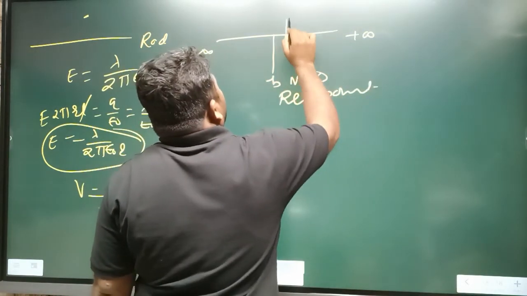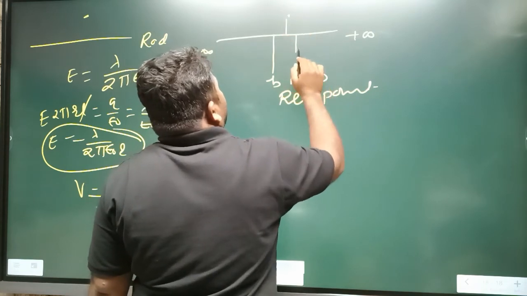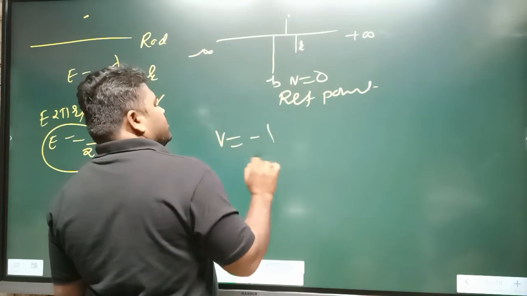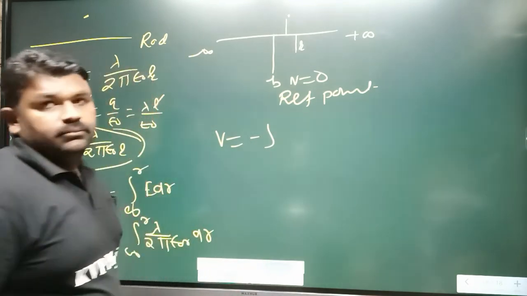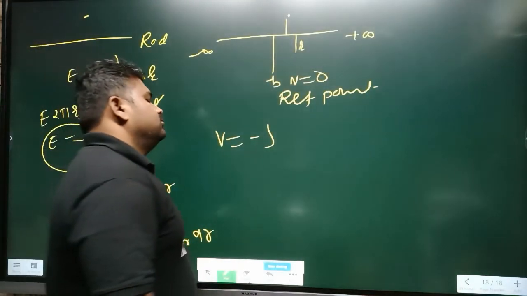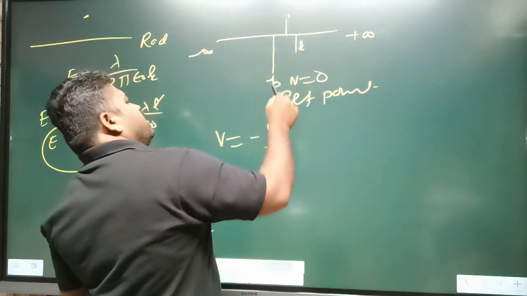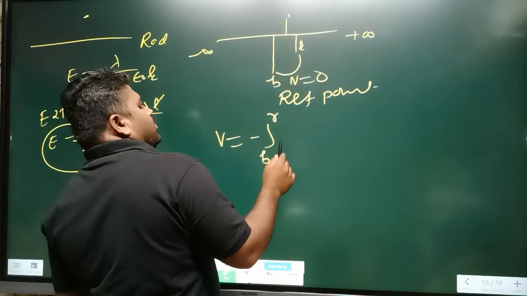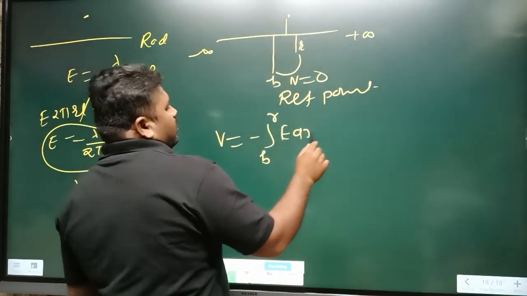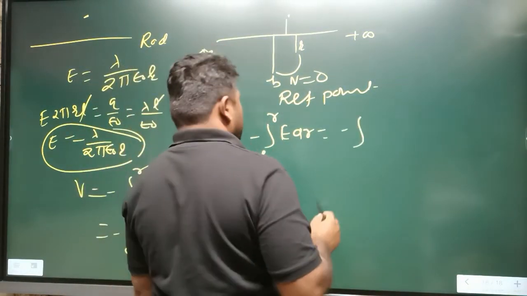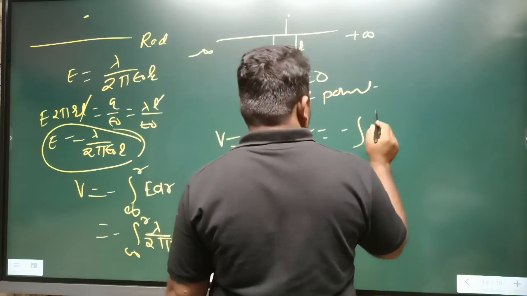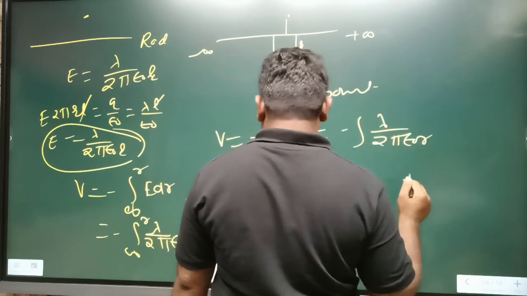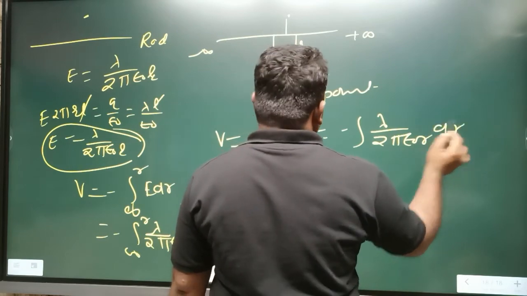And we can find out the potential at this r distance. V is equal to minus integration limit B to r, E dr, minus electric field lambda upon 2 pi epsilon naught r dr, limit B to r.